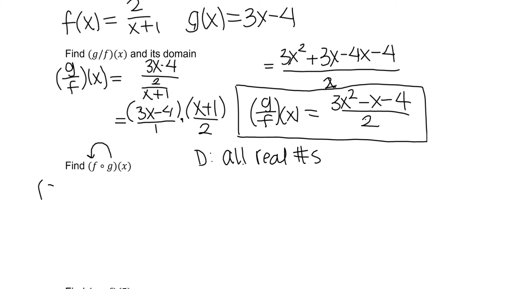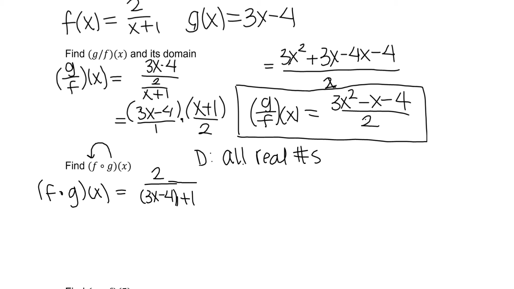So f of g of x, so 2 over, and then instead of x, I'm going to replace it with my function g, so 3x minus 4. And then I still have plus 1.